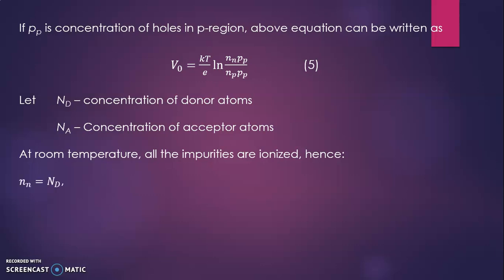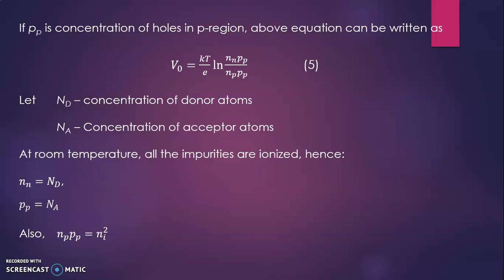So in the N side the number of electrons is more, so the impurity concentration of donors we can write as N suffix D. Then P suffix P is the holes in the P side, where more acceptors are there, so we write N suffix A as the concentration of acceptor atoms.